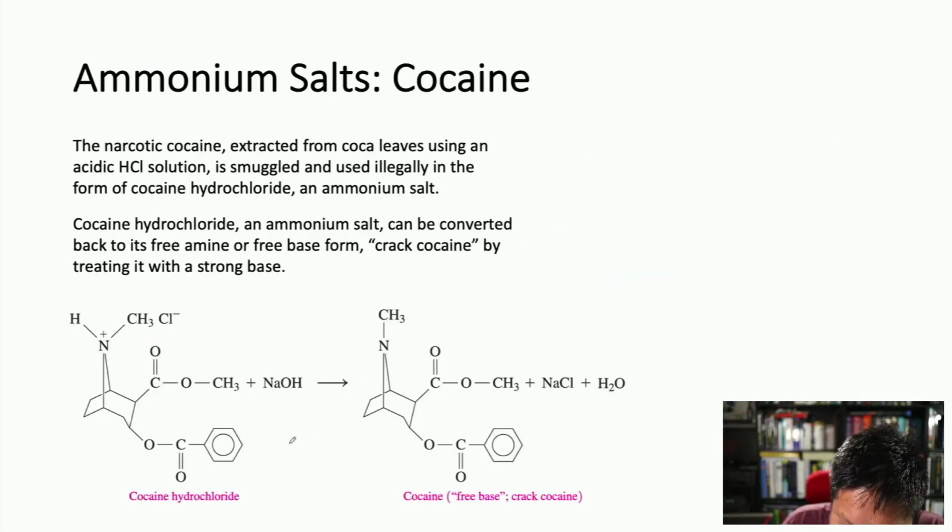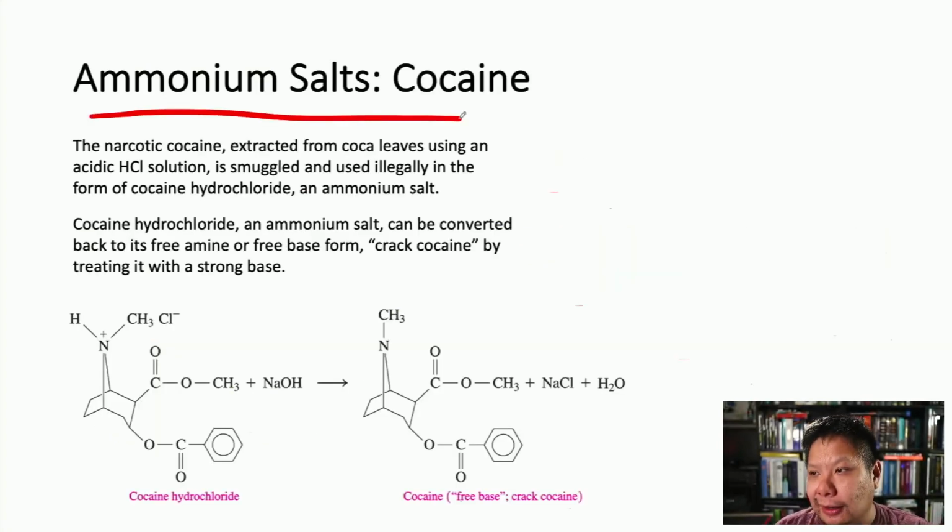So another ammonium salt that's pretty famous, cocaine. My girlfriend, she's a forensic scientist too, and she works in drug chemistry, and she's always dealing with cocaine, right? And I used to not know the difference between cocaine and crack cocaine. And it turns out that the difference is this.